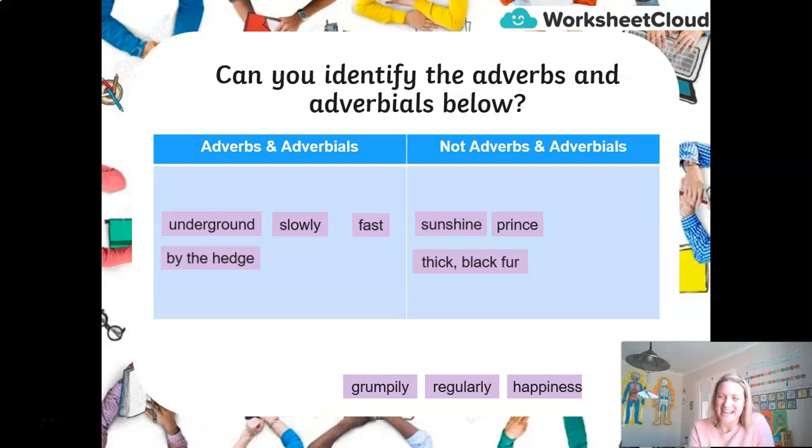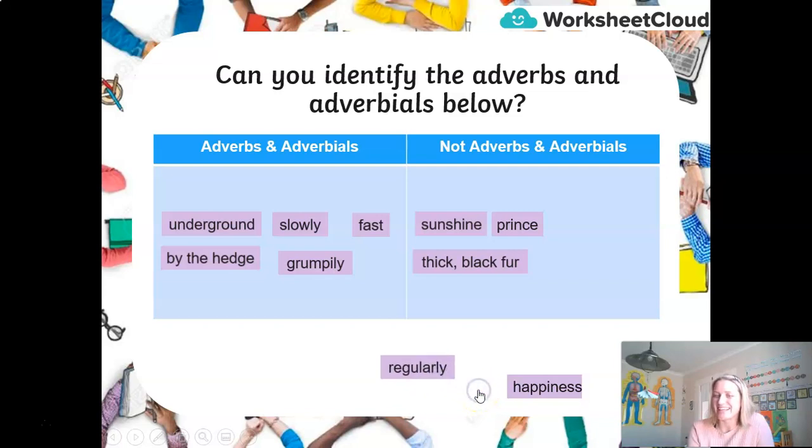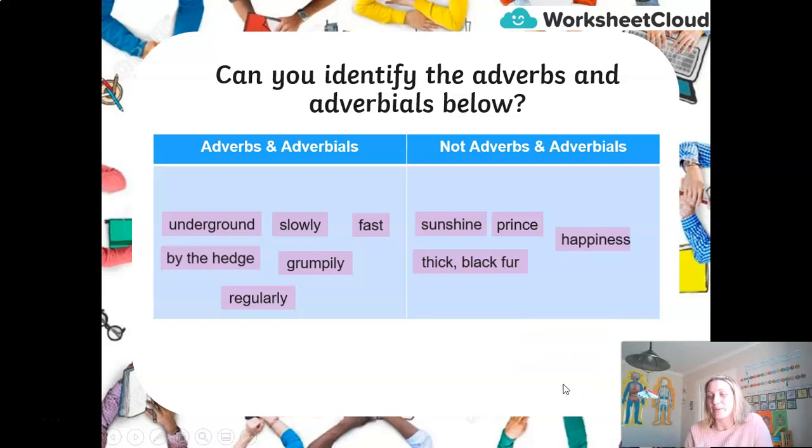Yes, fast is an adverb. Grumpily. Of course, it's describing someone's attitude. Regularly. Again, it is an adverb. And lastly, happiness. What do you think? No, happiness is what we would class as an abstract noun.